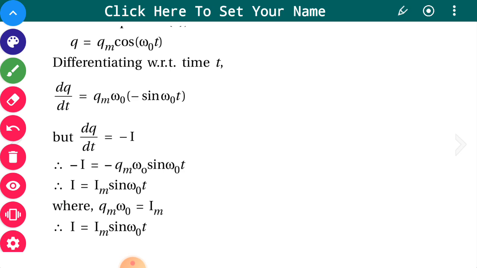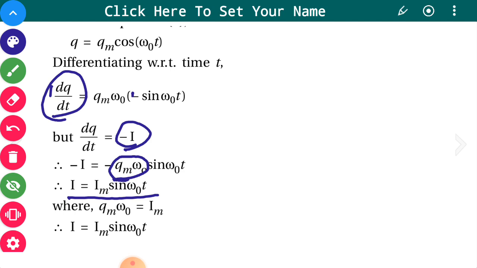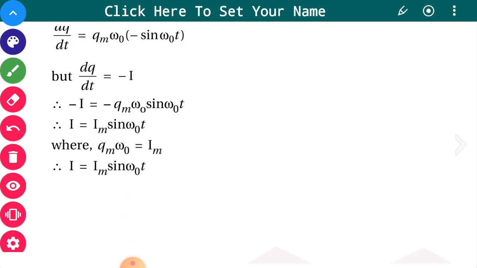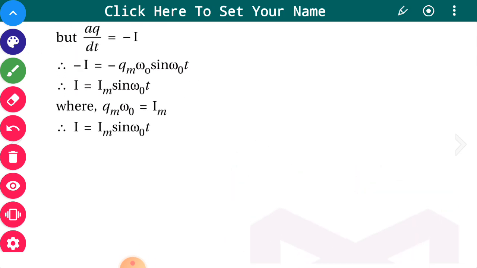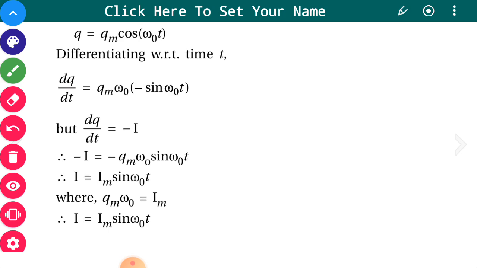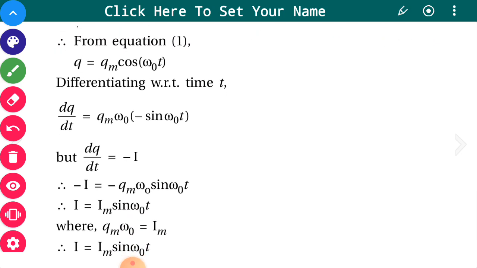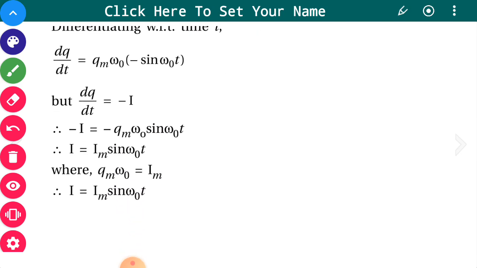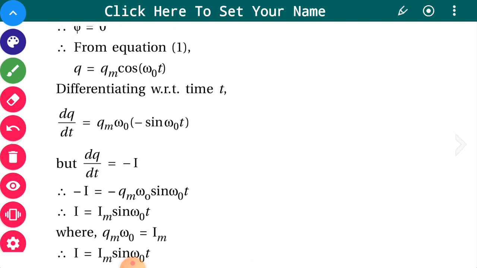So instead of dq by dt we place minus I. Then on both sides the minus becomes positive, so I is equal to Im sin omega 0 t, where qm into omega 0 is taken as Im. So very easy to understand, I is equal to Im sin omega 0 t. So we got both the values of current, and we got the value of phi. This is the solution of our differential equation.